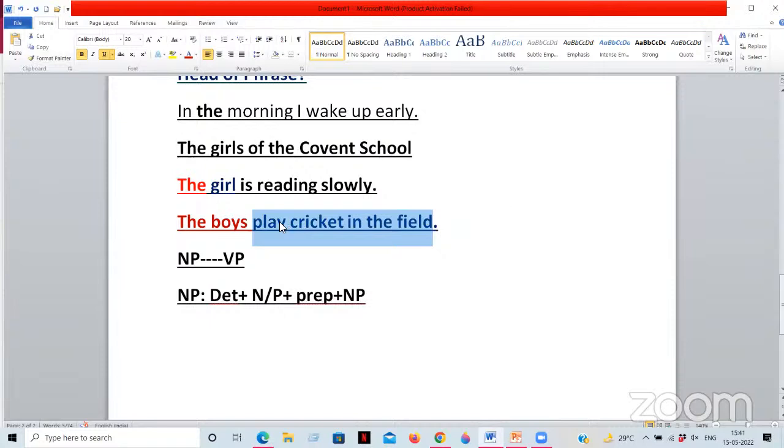So the beginning of the verb is the beginning of the verb phrase, and the first things before the verb is called the noun phrase. We have to divide it that way, then mark each of the words, and clip them together within noun phrase and within verb phrase to show that a sentence is built with these two things: noun phrase and verb phrase.